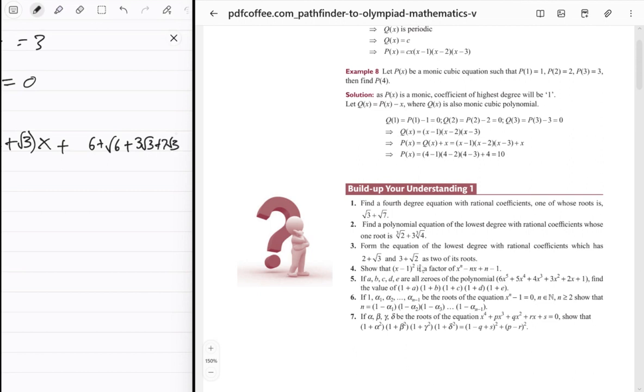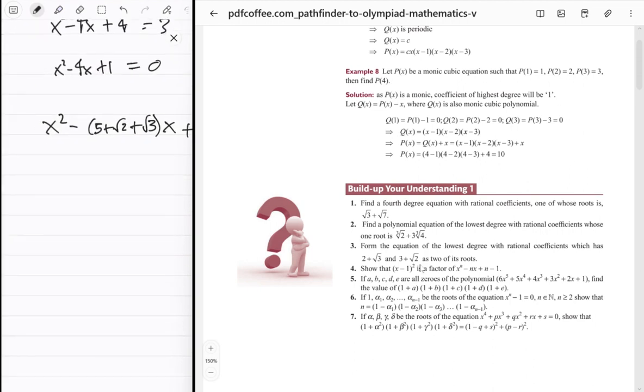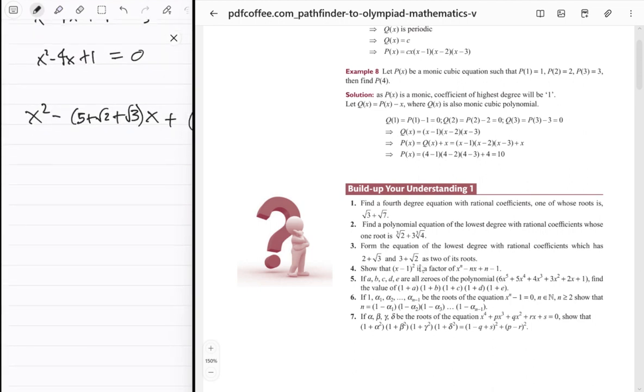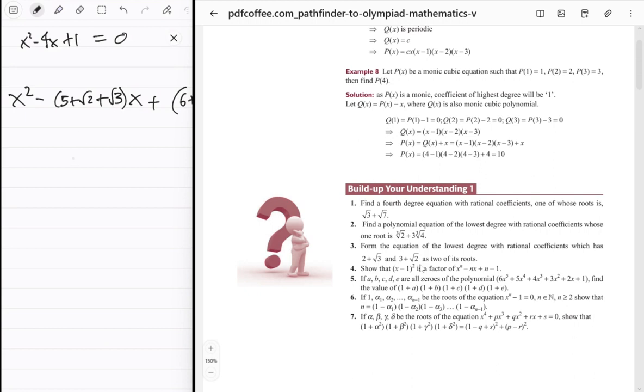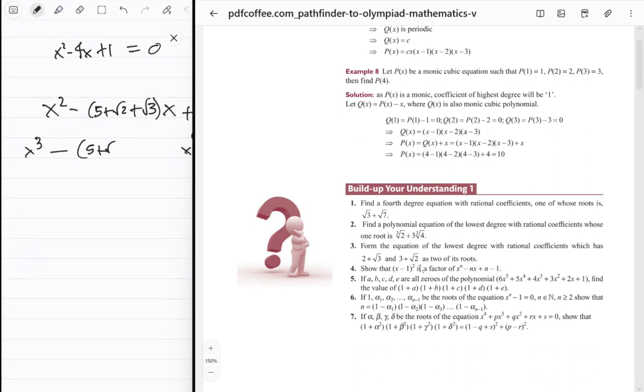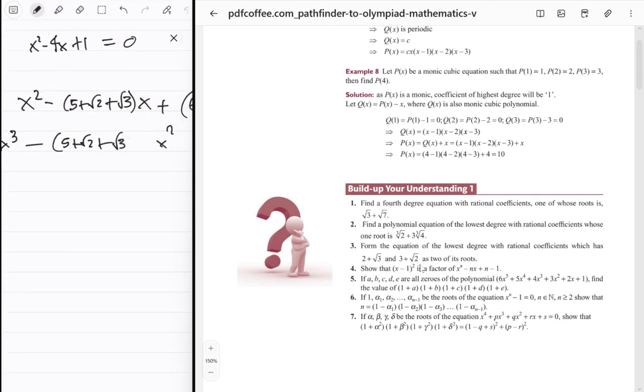And then you just multiply by x minus alpha, whatever. X minus alpha is better. And finally you get 5 plus square root of 2 plus square root of 3 times x squared, and then you get x cubed over here using Vieta's formula and whatever.